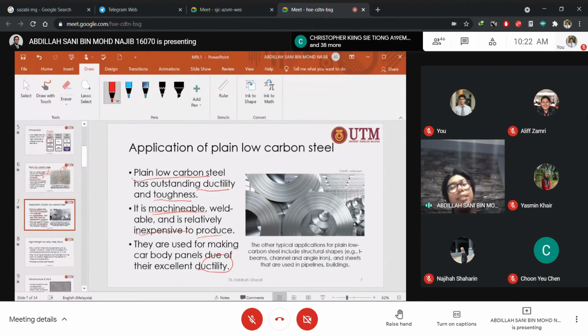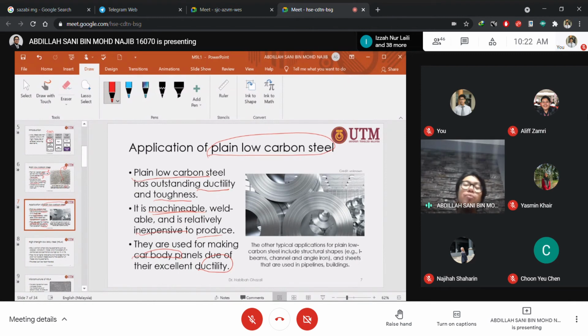Due to this ductility, we use this plain low carbon steel in the car body. Why? Because ductile material absorbs the impact energy.